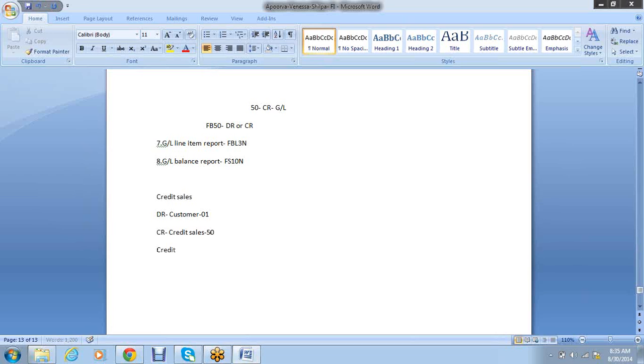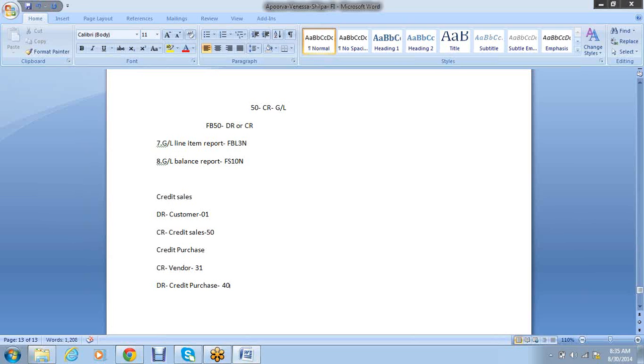Similarly, for your credit purchase, you credit the vendor and debit the purchase. Vendor credit is 31. All these are standard SAP. And debit purchase is a GL account, so 40.